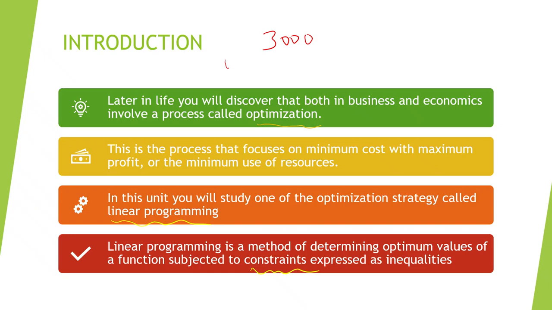So what we do here is we put up a constraint. We all know that sweets can be represented as X, kamba can be represented as Y, but all this should be less than 3,000 because 3,000 is the only money you have. You can add some other constraints, for example, sweets not more than maybe 2,000.